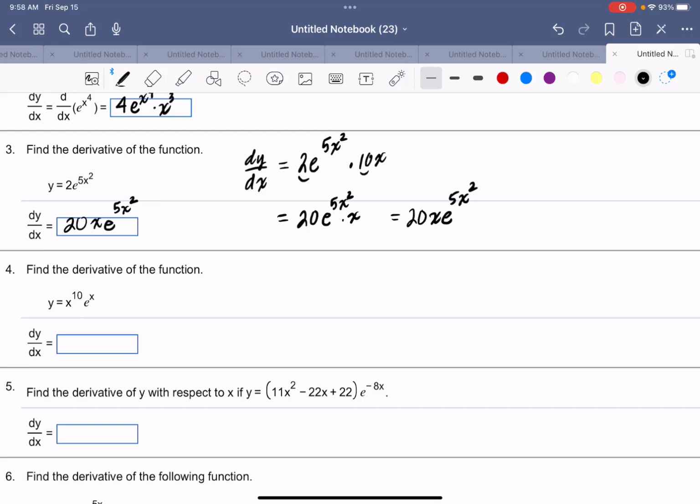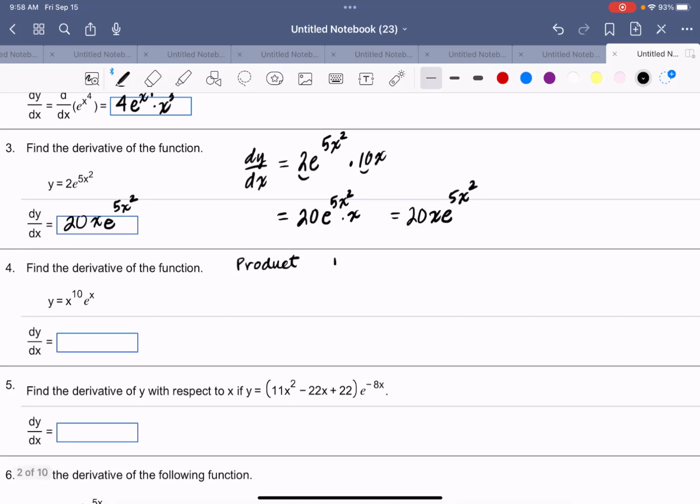Example number 4. Find the derivative of the function y equals x to the 10th times e to the x. So here I'm going to need a product rule. So our product rule says you take the first times the derivative of the second plus the second times the derivative of the first.